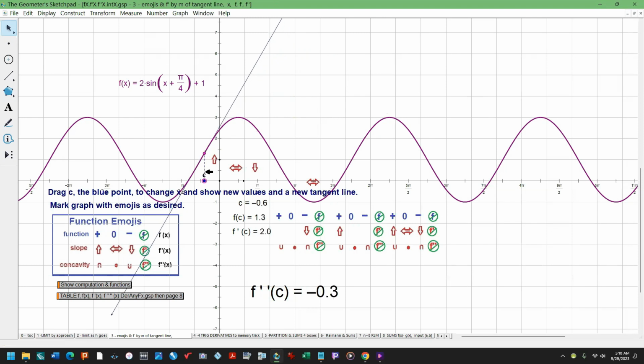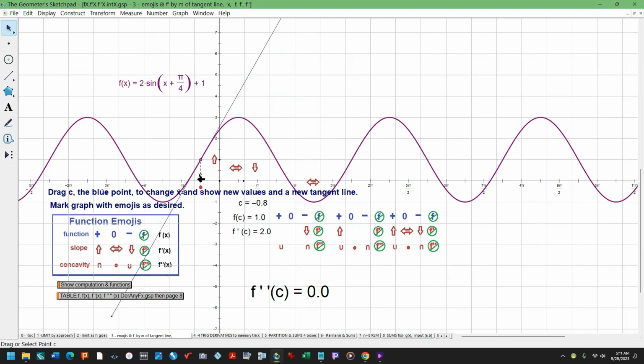We get to about there, and the concavity is 0. The second derivative is 0. That is an inflection point.